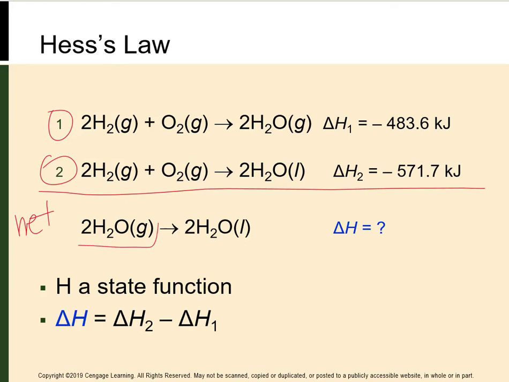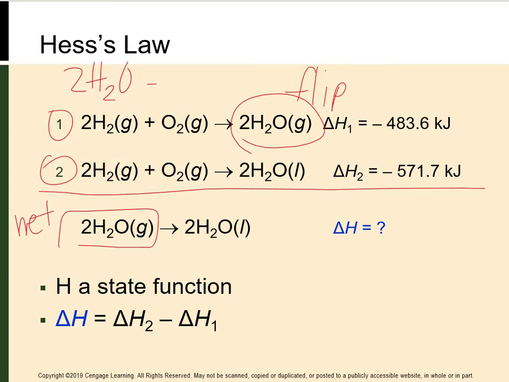So I need my H2O gas on the left. And if we look for that in either of my two equations, I'm going to start going skim, skim, skim. Oh, here's my two H2Os, but it's on the right. So I need to flip this reaction. So I'm going to rewrite it, and I'm going to say 2H2O arrow 2H2 plus O2.